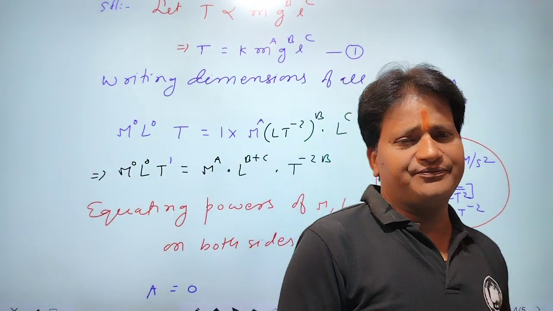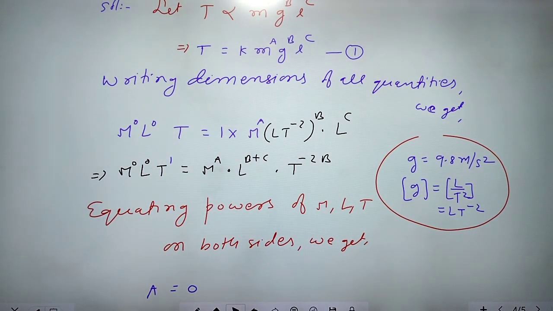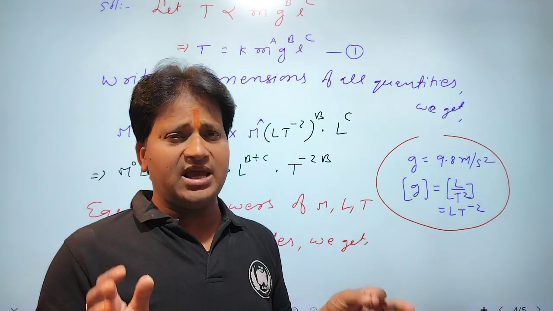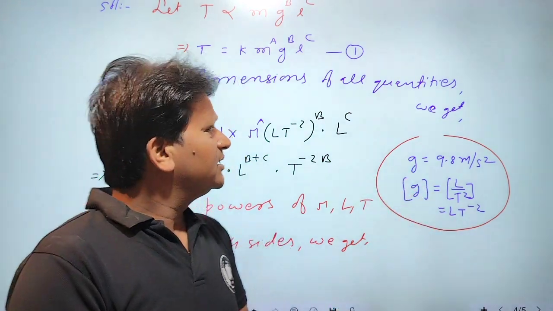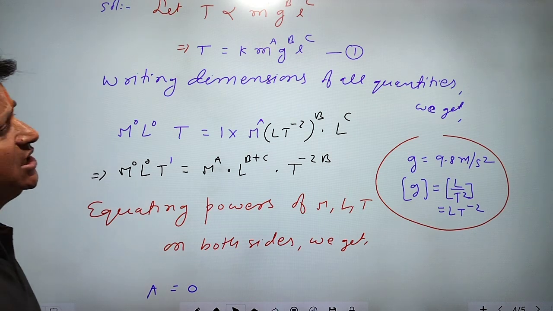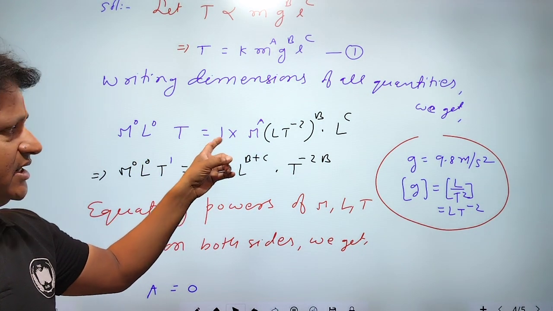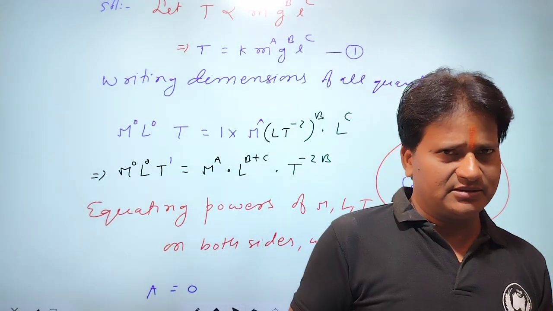The dimensional method derives only those formulas in which the proportionality constant has no dimension, that is, dimensionless. That is, the dimension of the proportionality constant is unity. This is a demerit of the dimensional method.